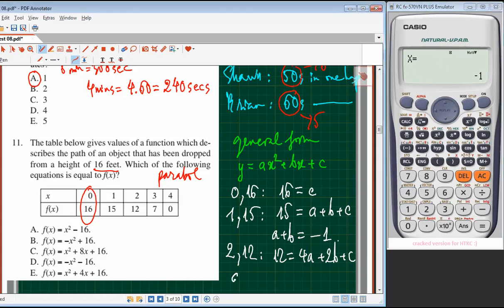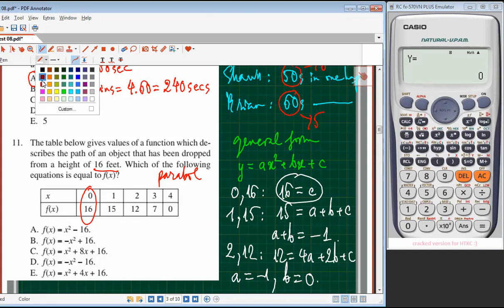We get a equal to minus 1 and b equal to 0. With c equal to 16, a equal to minus 1, and b equal to 0, we choose option B for the final result.